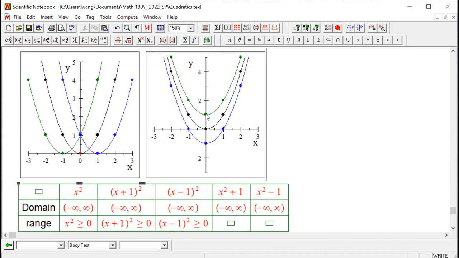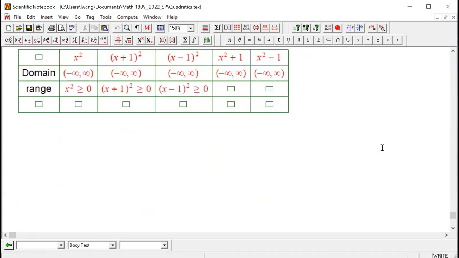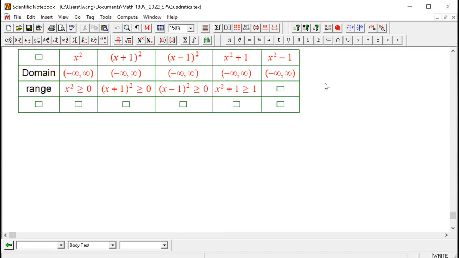You can see the lowest point is 1. So x squared plus 1 is going to be at least 1. And for x squared minus 1, the range is going to be at least negative 1. So that's the domain and range.